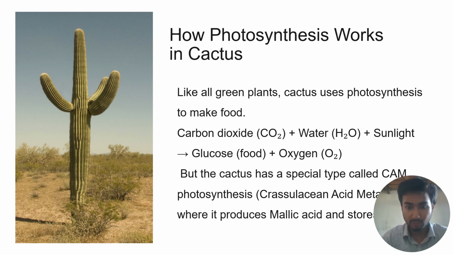Some cactuses also produce certain types of fruits, I think, but mostly they store their glucose as malic acid. We're going to go further in depth on how this photosynthesis is different, but for now, let's understand that the basics are pretty simple: cactus, like other plants, uses photosynthesis to produce its food and produce oxygen.